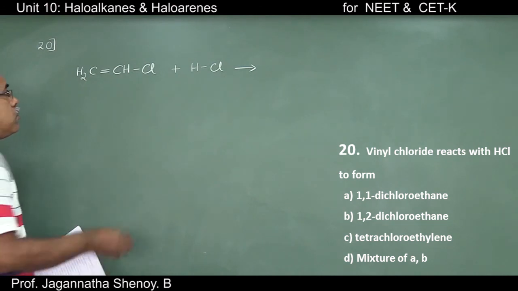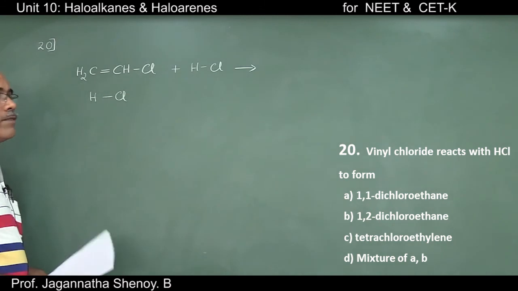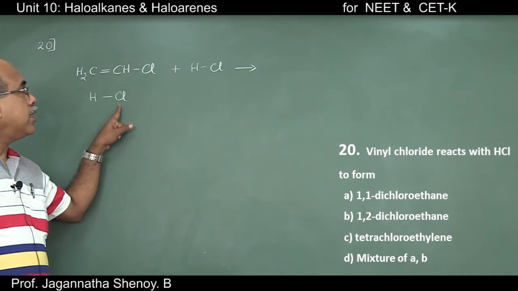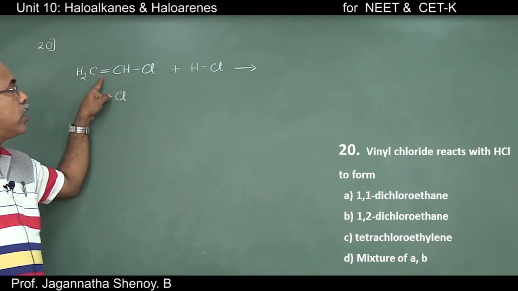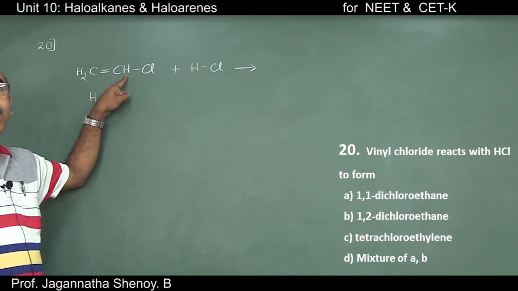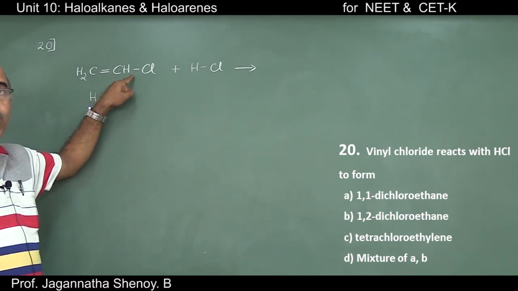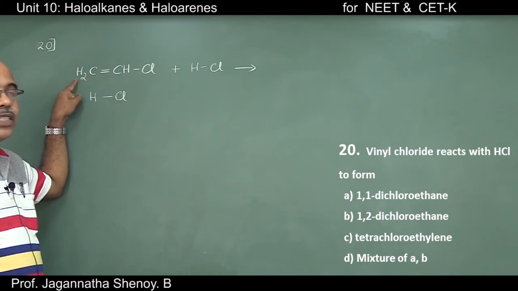And according to Markovnikov's rule, the negative part of the adding species, in this case it is a chlorine atom, should go to that carbon atom involved in the double bond containing lesser number of hydrogen atoms. Here this carbon atom carries only one hydrogen, whereas this carbon atom carries two hydrogen.